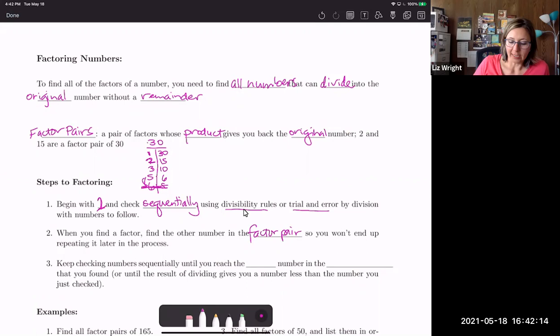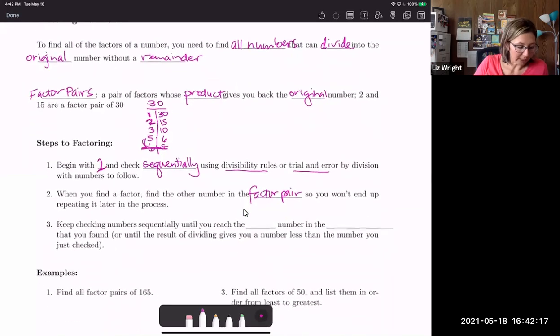Then you want to keep checking the number sequentially until you reach the second number in the last factor pair that you found, or until the result of dividing gives you a number less than the number you just checked.